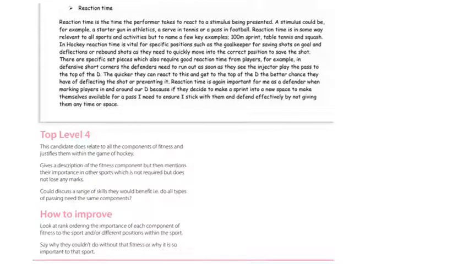reaction time. Now once again, top level 4 marks been given. How to improve, look at the rank ordering, the importance of each component of fitness to the sport or different positions within the sport. Say why they could not do without that fitness or why it is so important to that sport.